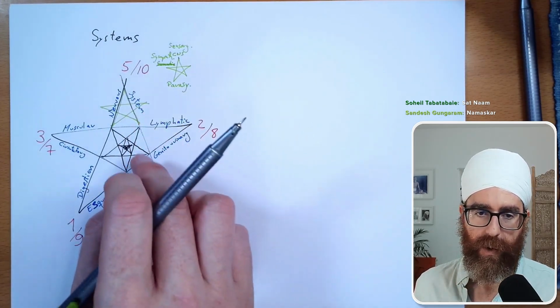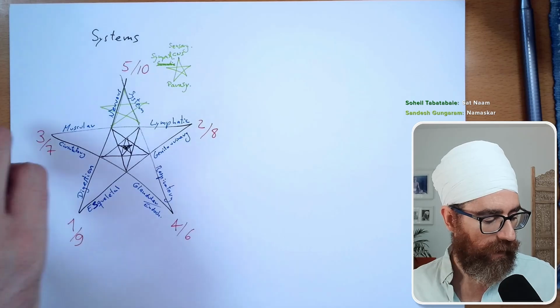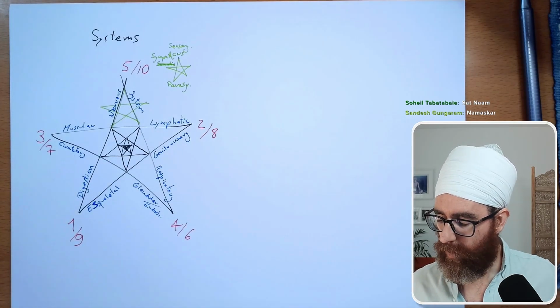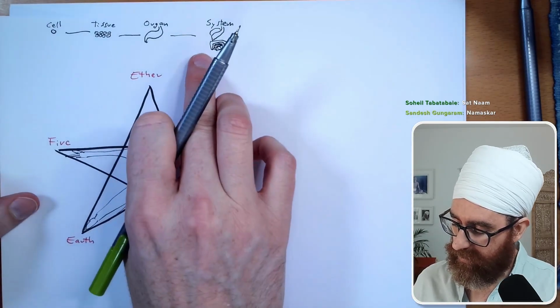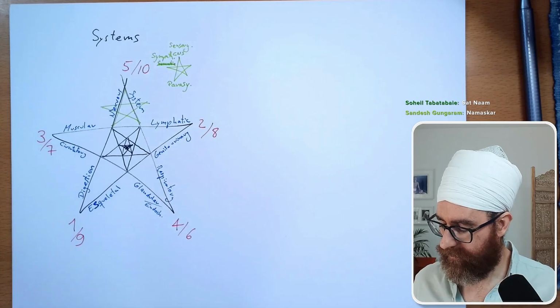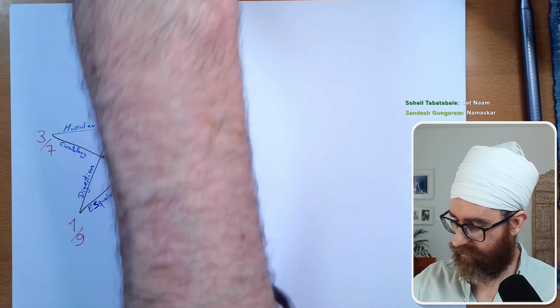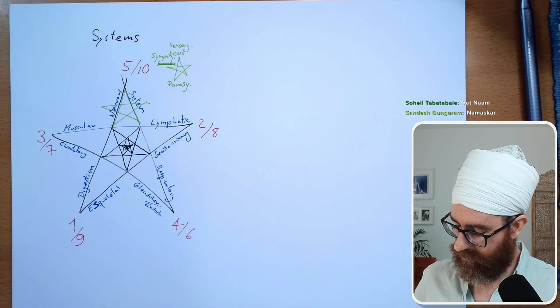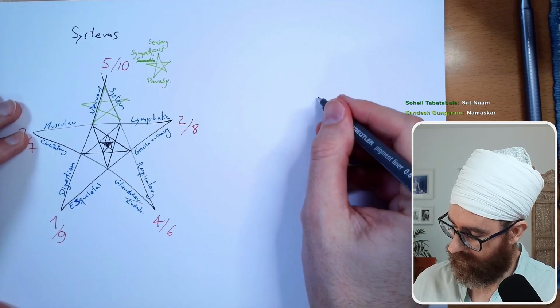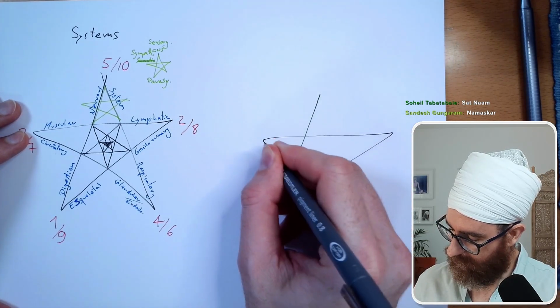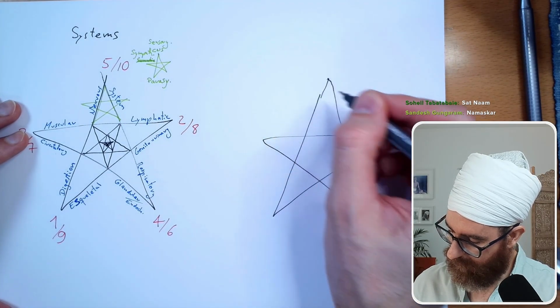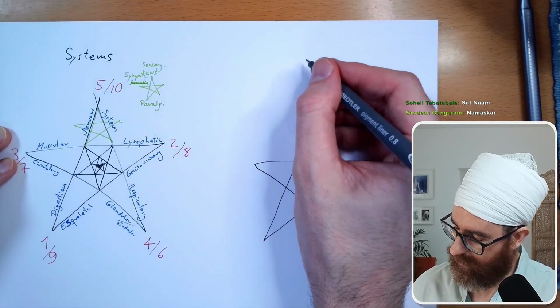Let's carry on with the idea of the systems, organs, tissue. We've done the systems. Let's go to the organs. All right, these are organs.